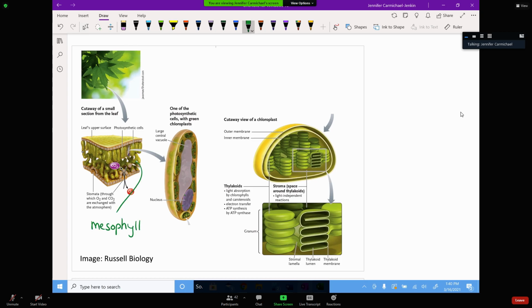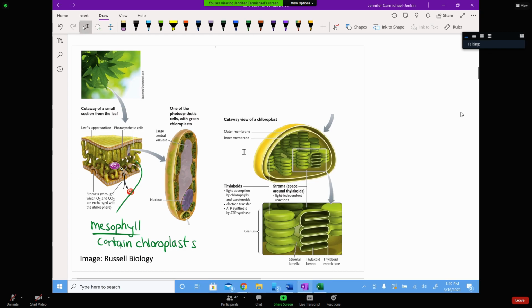So that's the interior tissue. It's the mesophyll cells that contain chloroplasts. Okay, so here's a mesophyll cell right here, and then you see many chloroplasts.